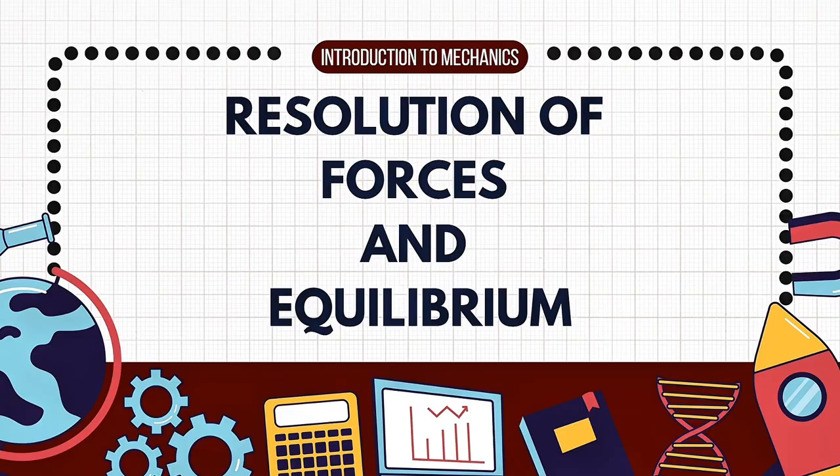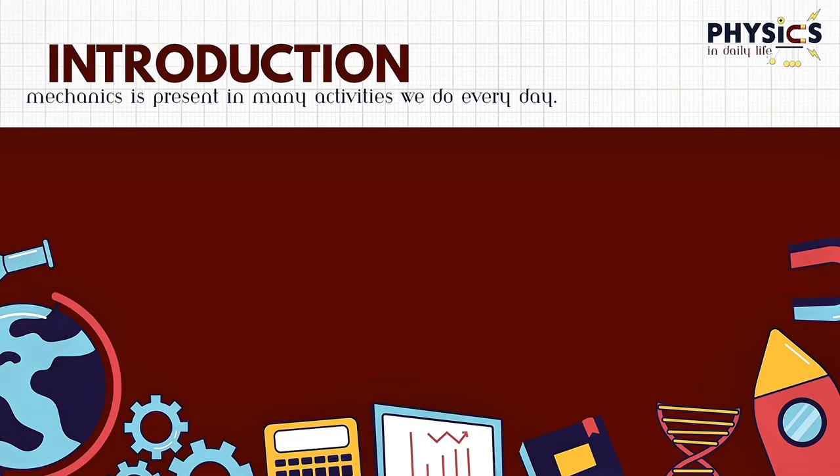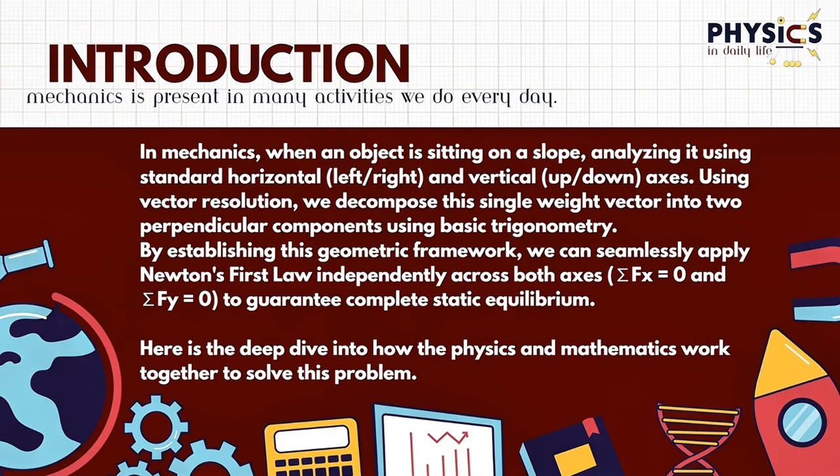Today, we will explain the concept of mechanics, specifically how an object remains in static equilibrium when it is placed on an inclined plane or a slope. Mechanics is an important branch of physics because it explains many activities and situations that we encounter in our daily life.